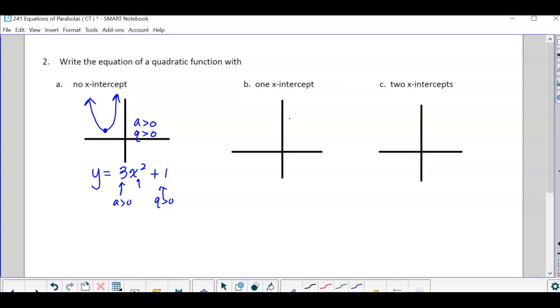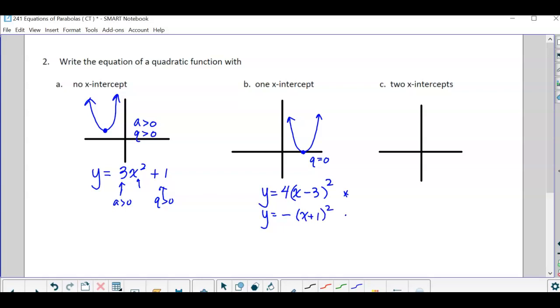One x-intercept is when it just touches. So A could be anything, but this means Q has to be equal to 0. So this could be y equals 4(x minus 3) squared, y equals negative (x plus 1) squared, etc.